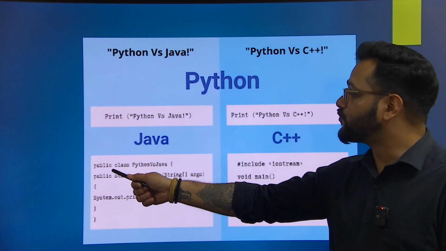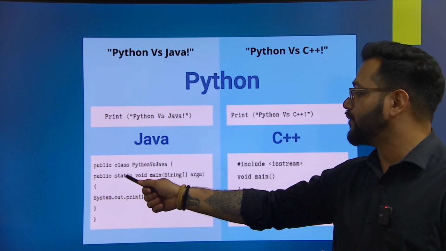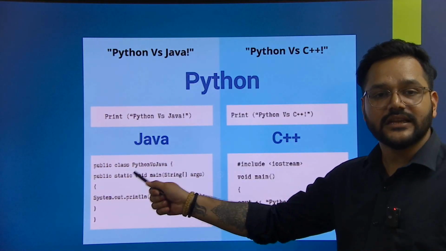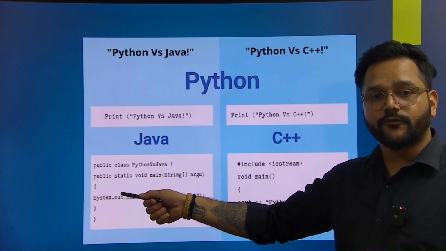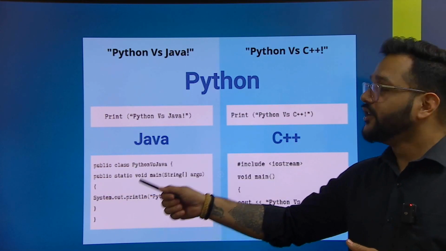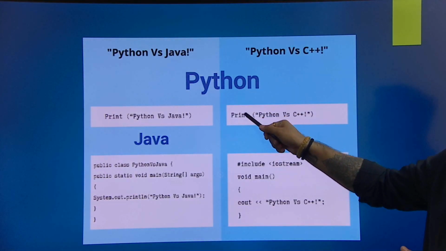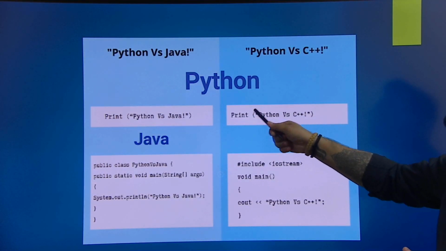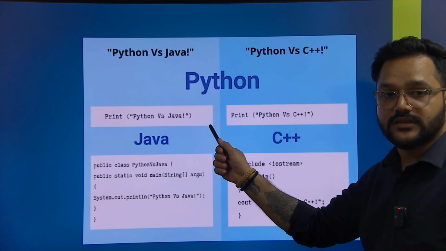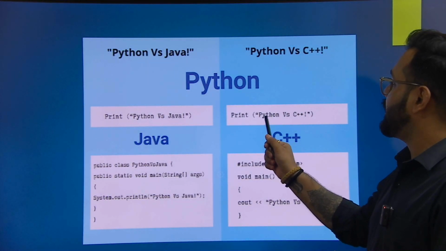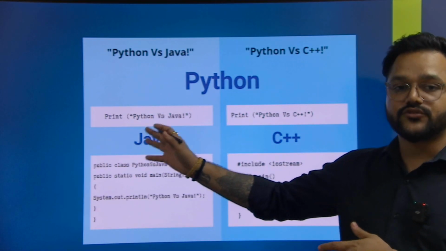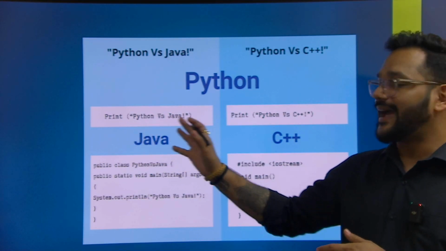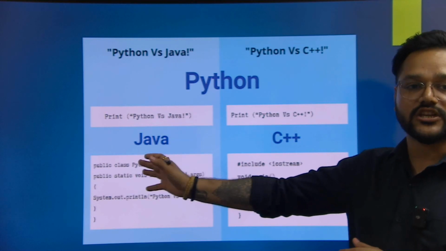You have to include the classes and the string arguments, and then you will be able to print a simple print statement. But in the case of Python, things are simpler. You just have to write your print statement and your work is done. You can see how simple it is to write a program in Python as compared to C++ or Java.